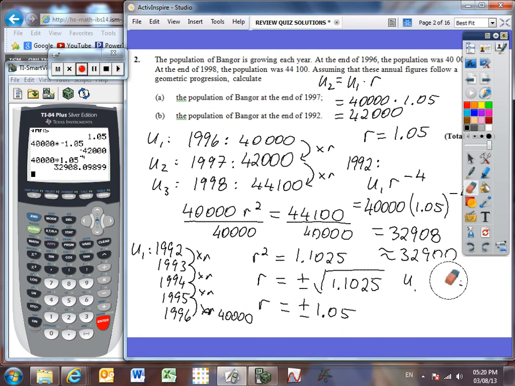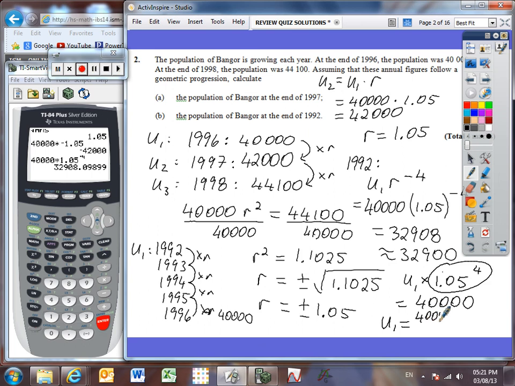We're multiplying by 1.05 to the power of 4. And we know that this amount equals our population 4 years later in 1996 of 40,000. So in order to solve for U1, we just have to divide both sides by this amount, and we'll have U1 alone.